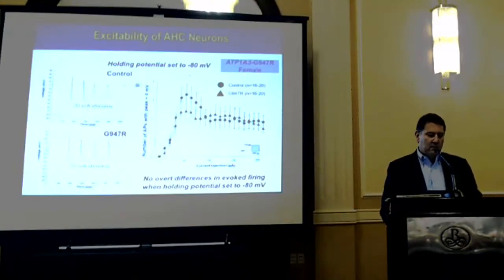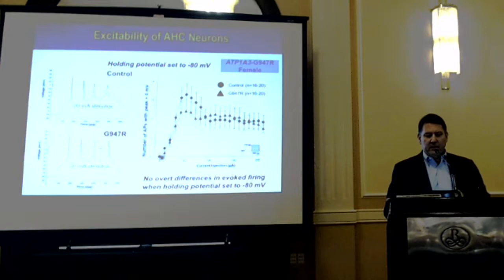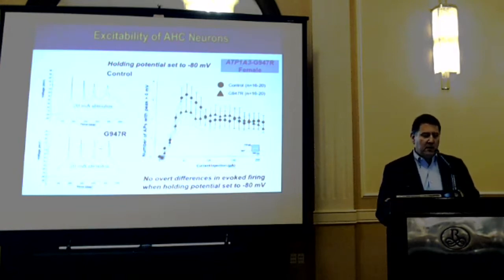When we do that, control neurons and AHC neurons look exactly the same. So this impaired ability to generate action potentials is sort of a functional defect, all due to the impaired pumping activity and the impaired resting membrane potential.